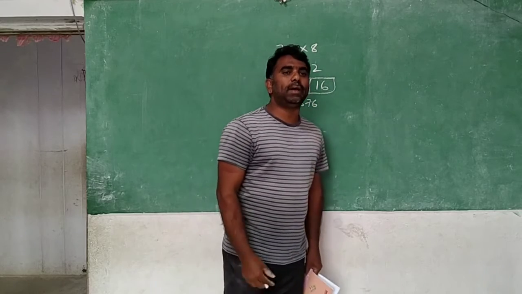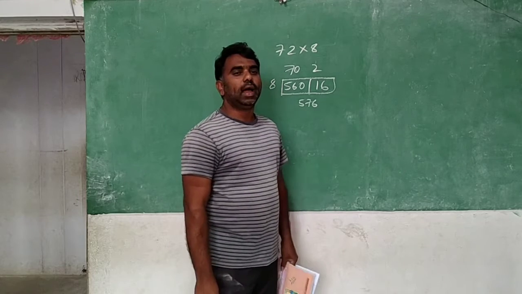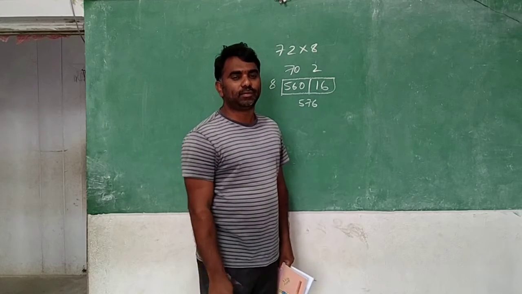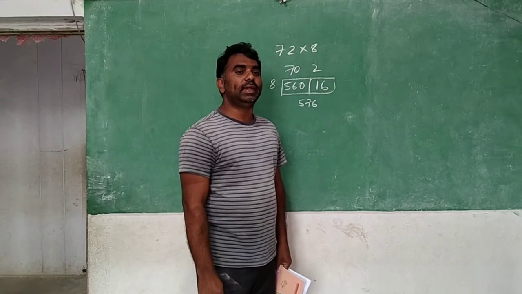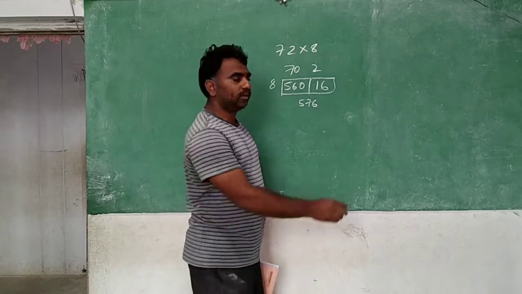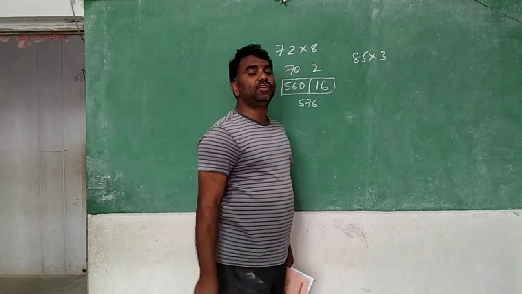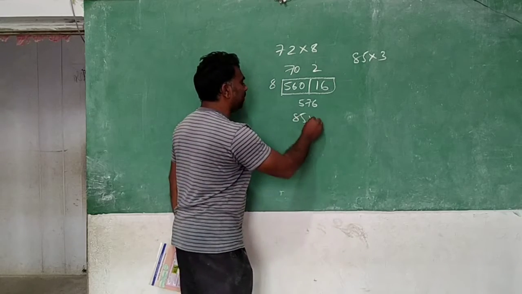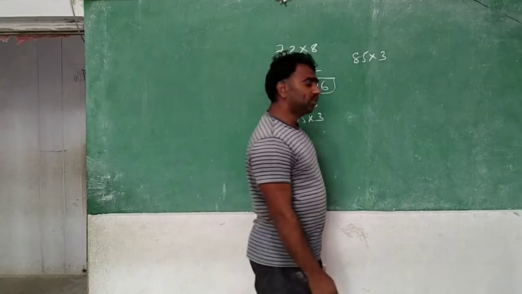By using this method you will be able to say up to 99 tables. Any table you can answer. Suppose 85 3s are, 85 into 3. This is the 85 table. 85 3s are means 85 table, and you know it now.